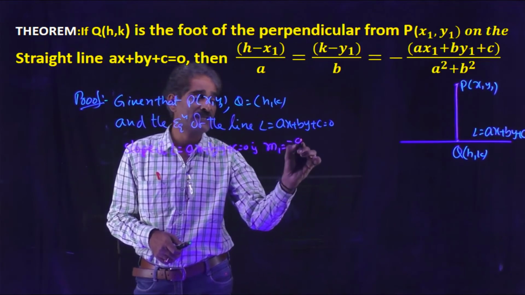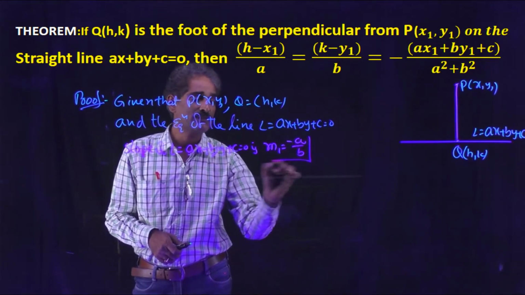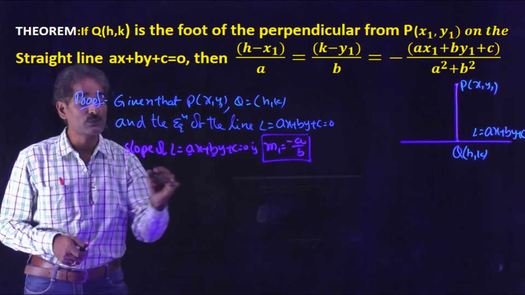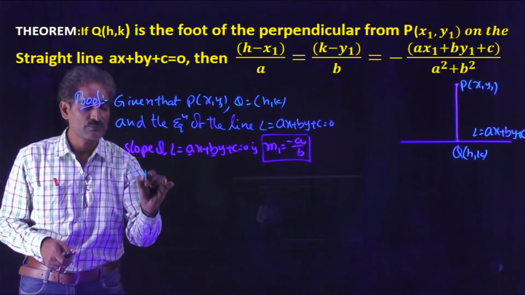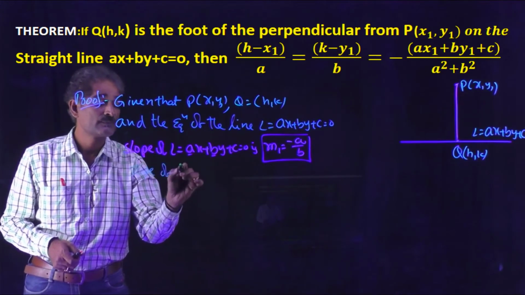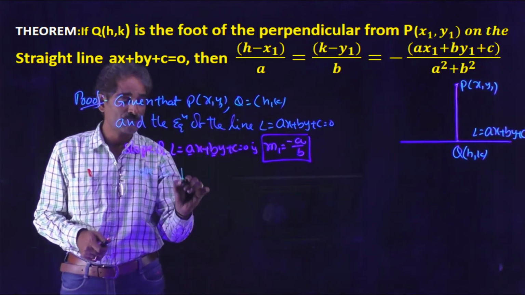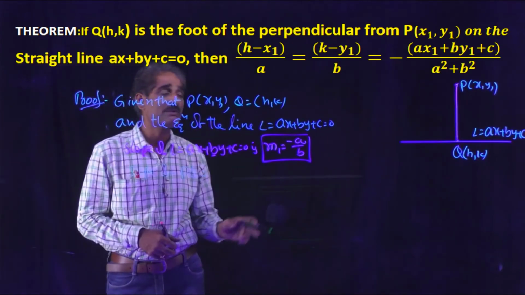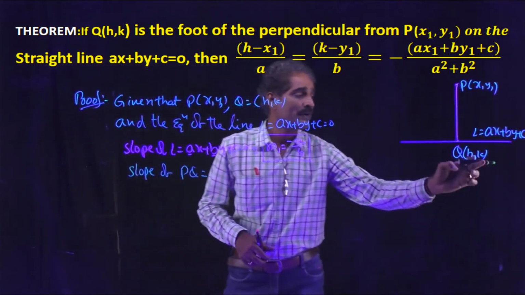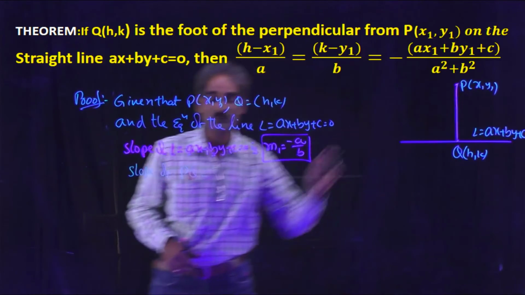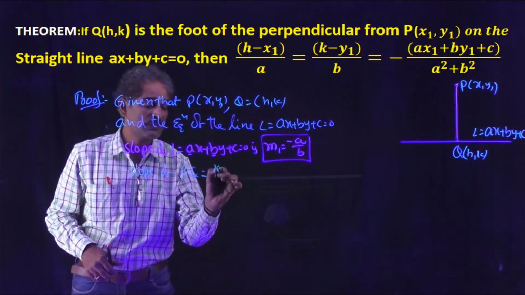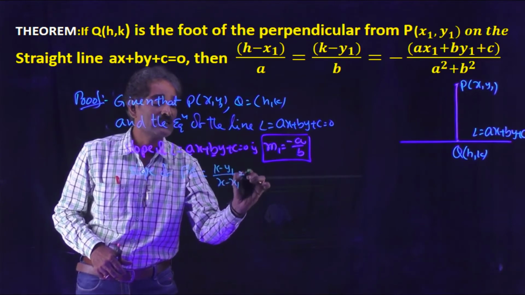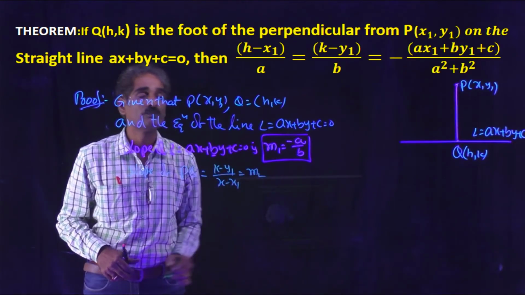That means -a/b. Now find out the slope of the line segment PQ. The slope of PQ is, what is the formula? (y2 - y1)/(x2 - x1). That means (k - y1)/(h - x1), let it be m2.